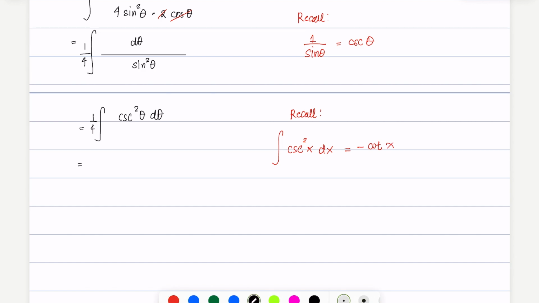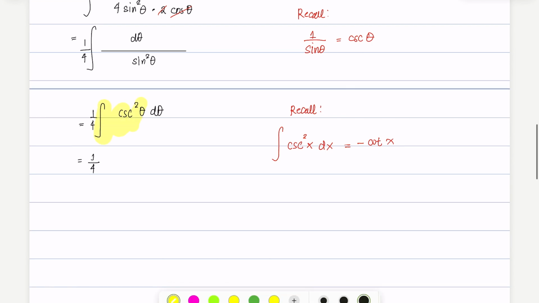So what happens here is I have 1/4, and this integral over here, which I am going to highlight, is simply equal to the negative cotangent of x. So basically I have 1/4 multiplied by negative cotangent of x. It's theta in this case. Negative cotangent of theta plus c. So that will be negative 1/4 cotangent of theta plus c.